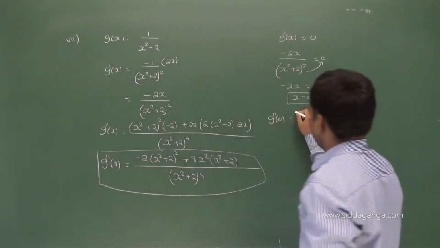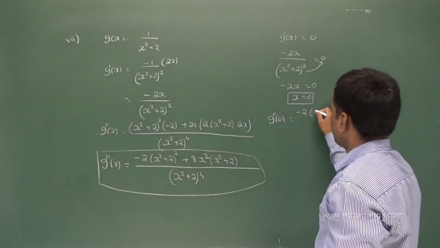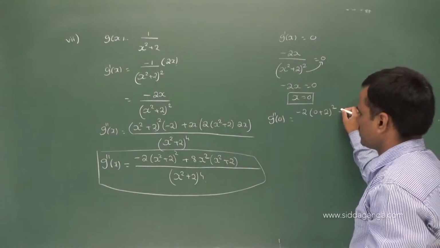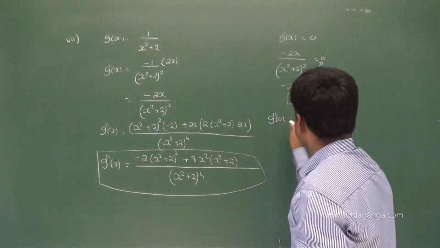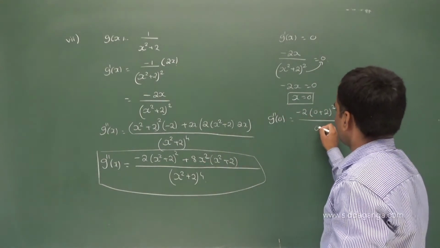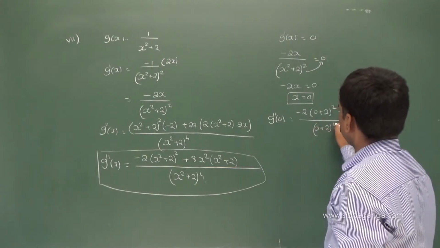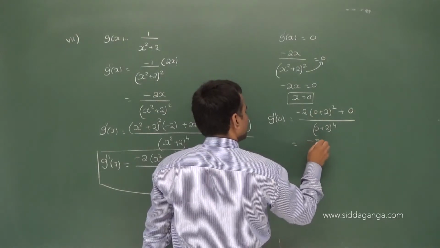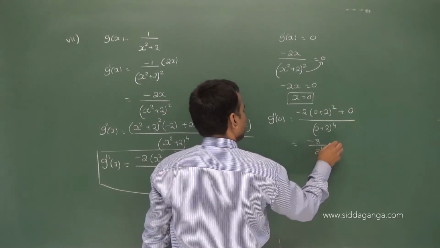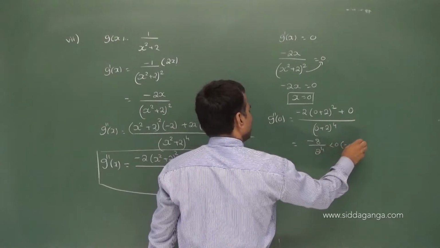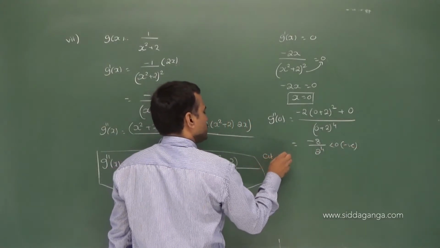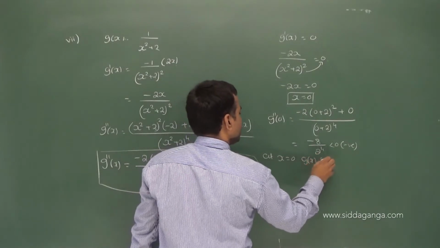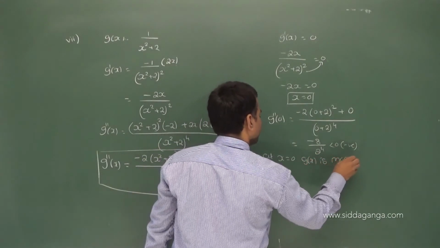Observe here: minus 2 into 0 plus 2 whole square, plus 0, because the other term is 0, divided by 0 plus 2 whole to the power 4. So minus 2 into 4, minus 8 divided by 2 to the power 4, less than 0, negative. At x is equal to 0, g of x is maximum.